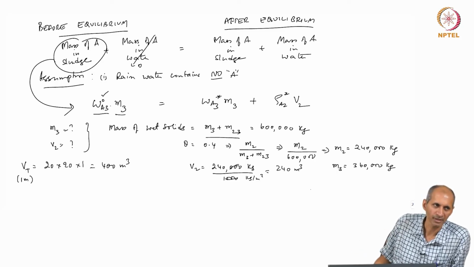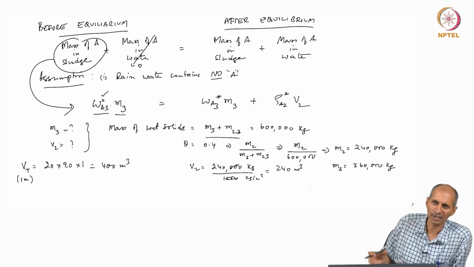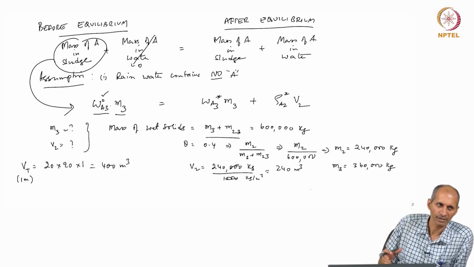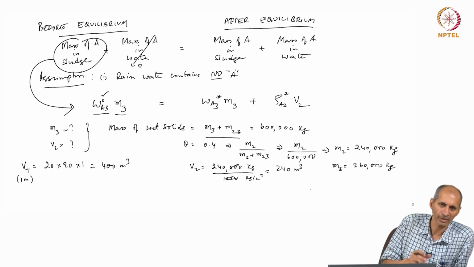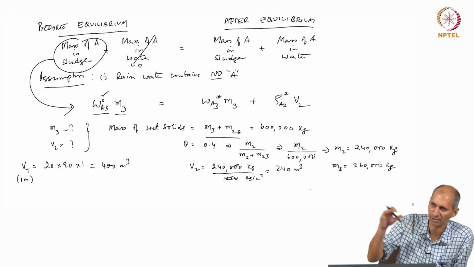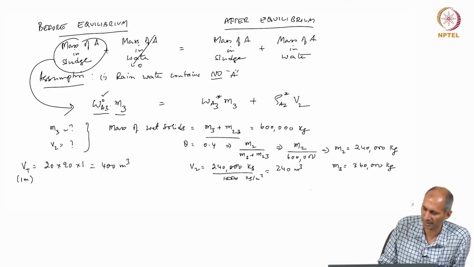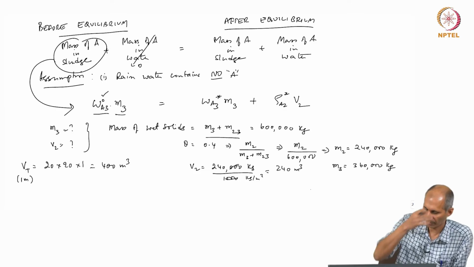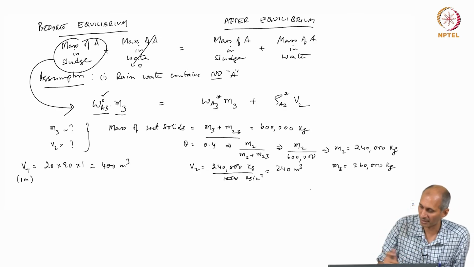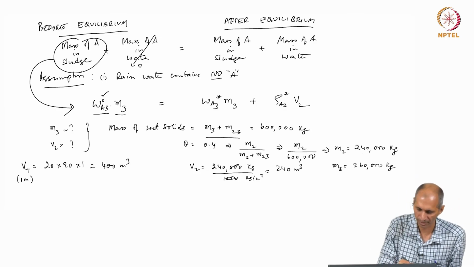For example, in soils you have water and air, and the volume occupied by soil solid plus water plus air constitutes the full volume in the system. Water saturated systems are much easier to handle this way. So, we have this and this.